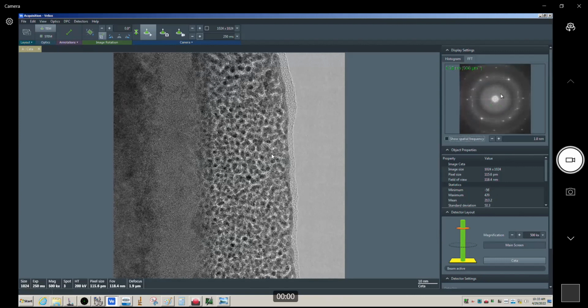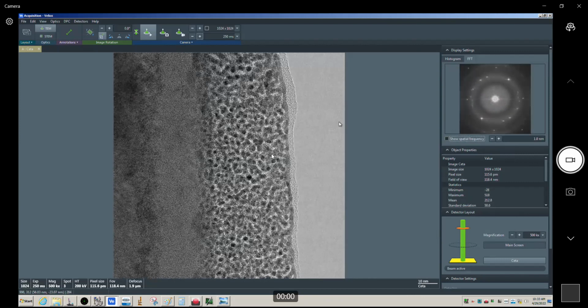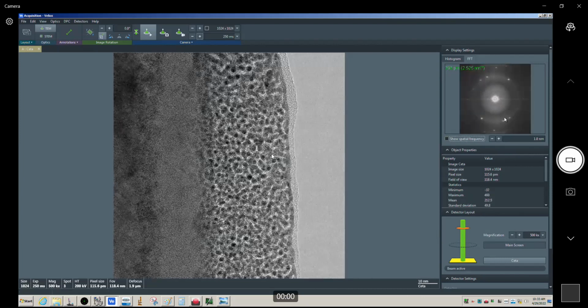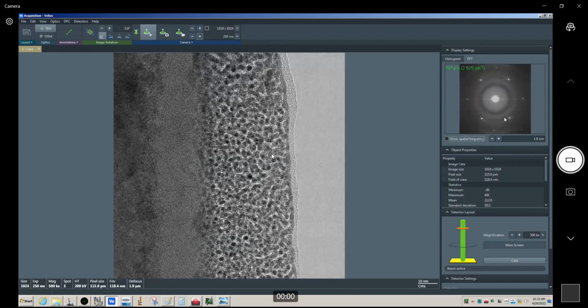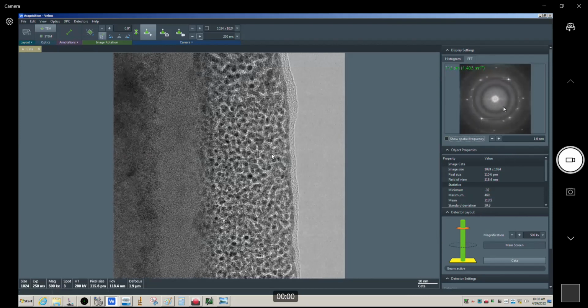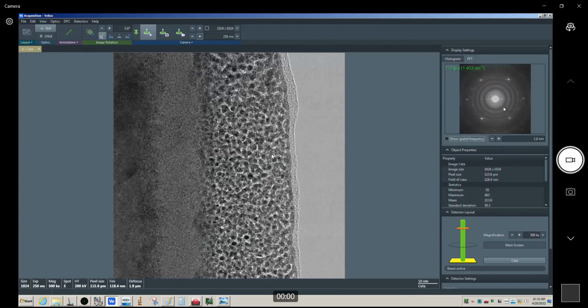Let me turn off the spatial frequency. If I go counterclockwise with the focus knob, meaning I'm weakening the objective lens, I should see this ring get smaller when I'm under focused. Yep, that's what's happening, and I'm actually seeing more rings.